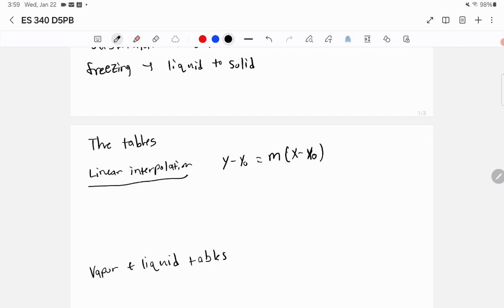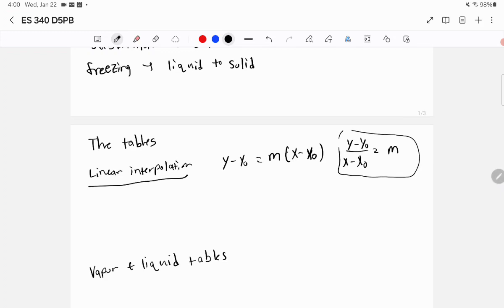And the idea is really simple, that I can just rewrite this as (y minus y naught) over (x minus x naught) is equal to m, which is obviously true. We know that that is the case. But as I'll show in some examples of doing this linear interpolation in the example videos, the idea is really to use this formulation to our advantage.